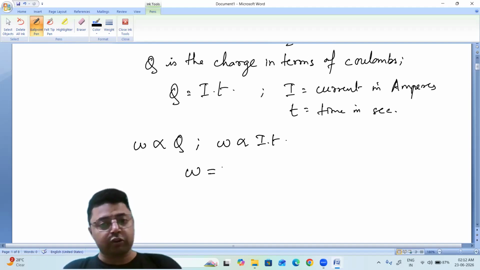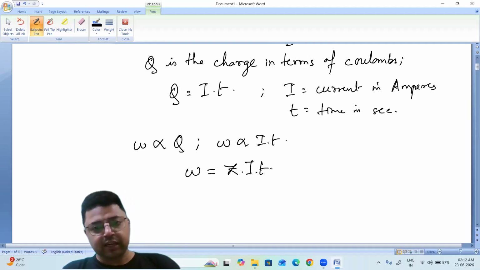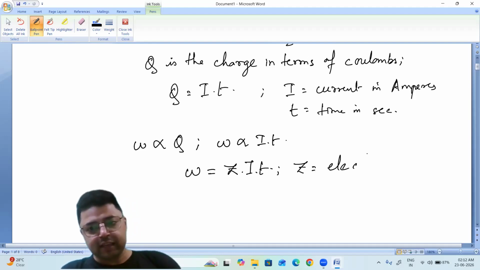In this case, the constant will be the electrochemical equivalent, or Z. So W equals ZIT. This Z is known as the electrochemical equivalent.